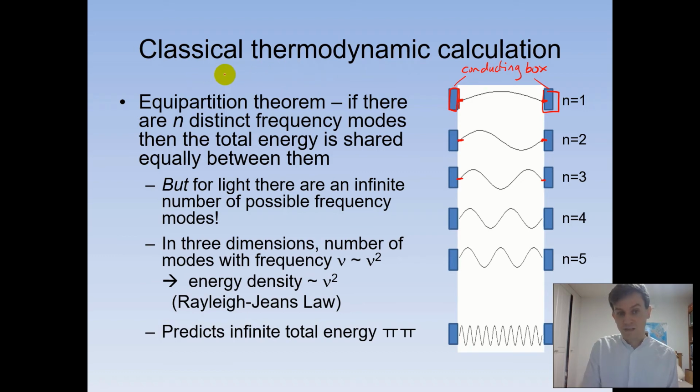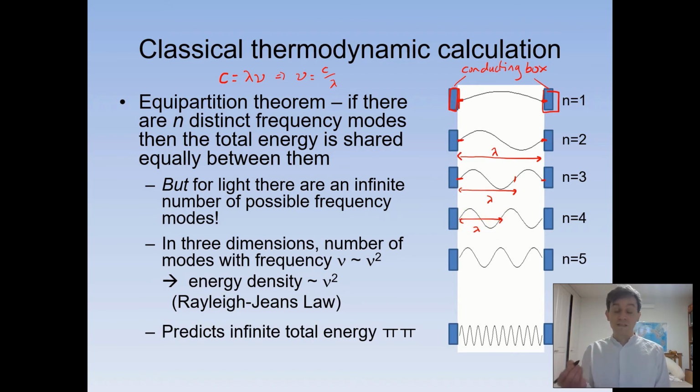We have seen in the section on the Doppler effect that there is this relationship between frequency and wavelength. The speed of light must be equal to the wavelength times the frequency, and this means that the frequency must be equal to the speed of light divided by the wavelength. And here the wavelength is fixed. So lambda in the first case is here, in the second case it's here, in the third case it's here, and so on, right?